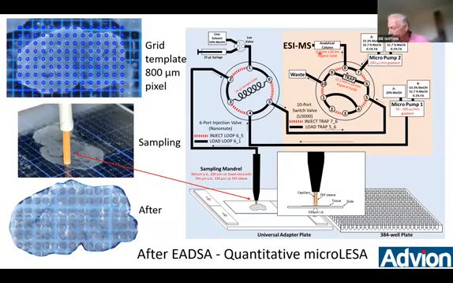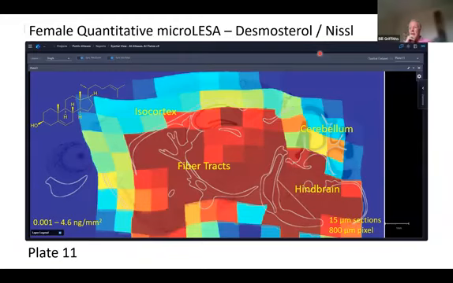So let's now show you some LESA data. This is desmosterol, and we've got the same color scheme as before. Dark red is abundant. Dark blue is of low abundance. The first thing to note, looking at my left-hand column here, is that the areal densities of desmosterol are much lower than cholesterol. Cholesterol was about 1,000 nanograms per millimeter squared.